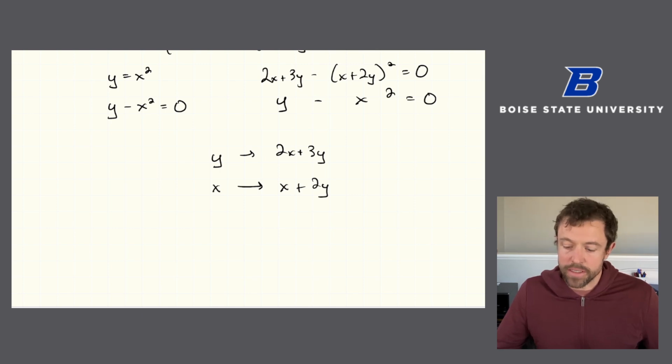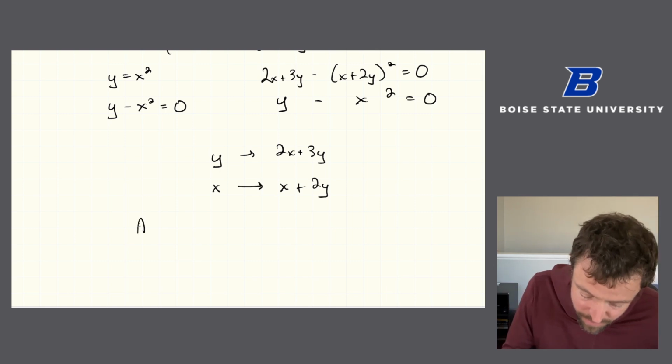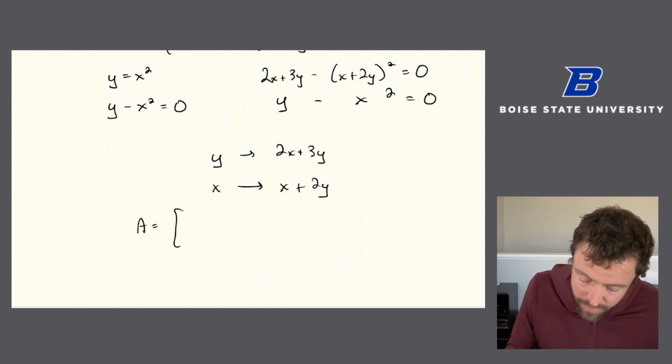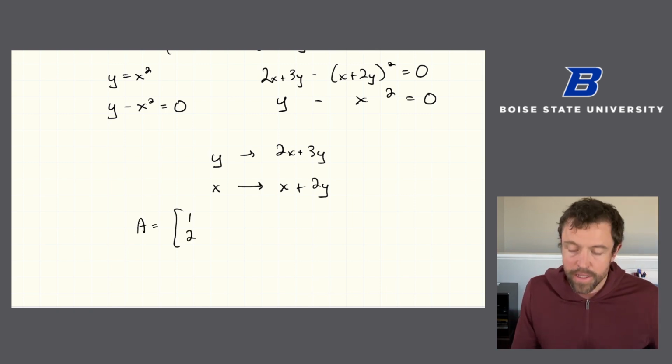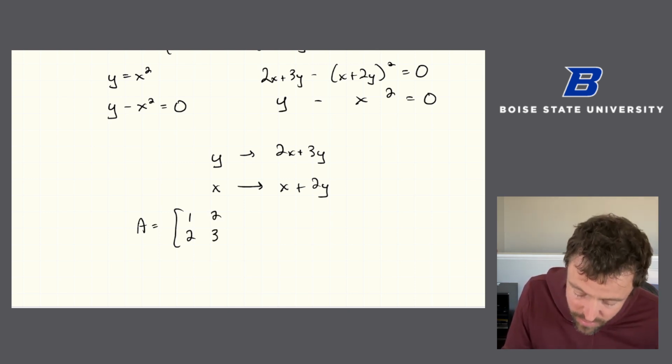So what matrix is that? If we're taking x to x plus 2y, that gives us 1, 2. And if we're taking y to 2x plus 3y, that gives us 2, 3, right?